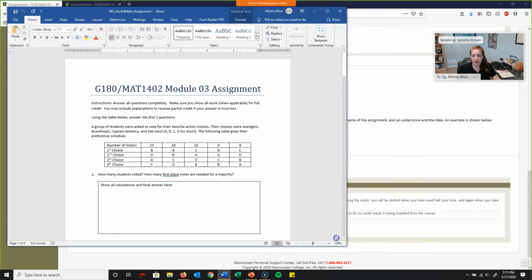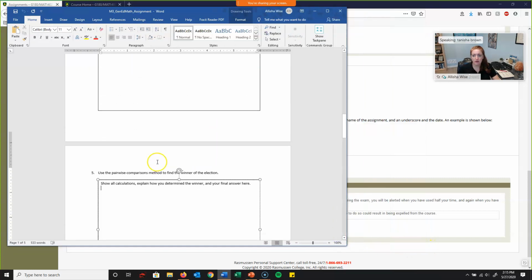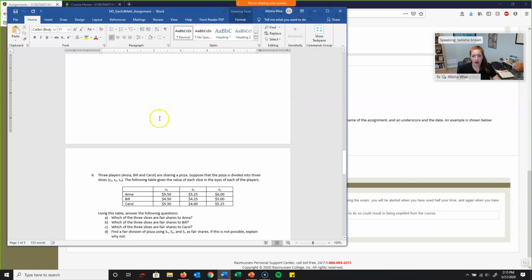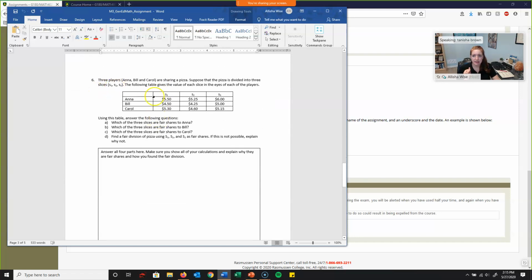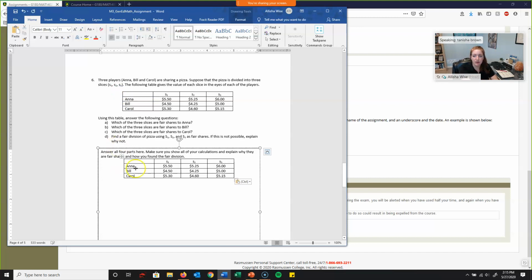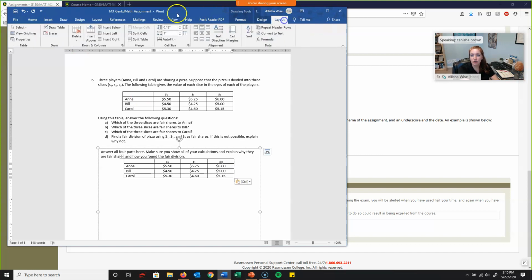So the assignment, we talked about number 5, doing the pairwise comparisons. And then number 6, you're going to be finding the fair shares of each person. So Anna, Bill, and Carol, they did dollar amounts for this one. So if you want to, you can copy and paste this into the box and then do the totals.